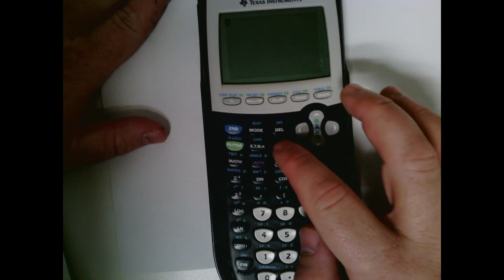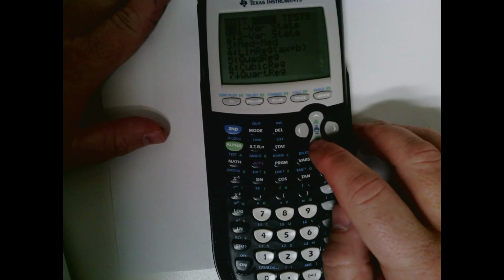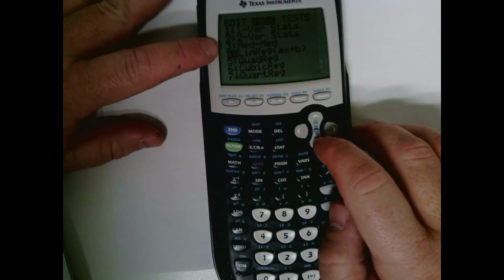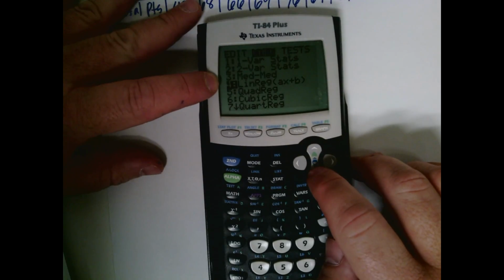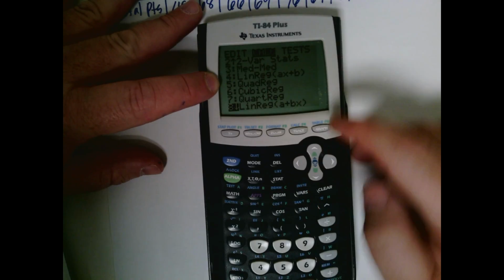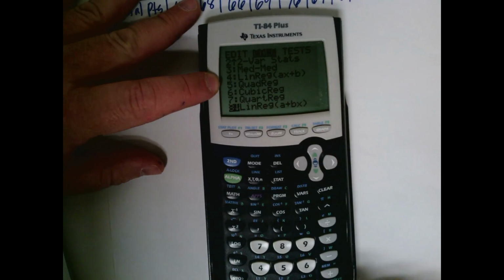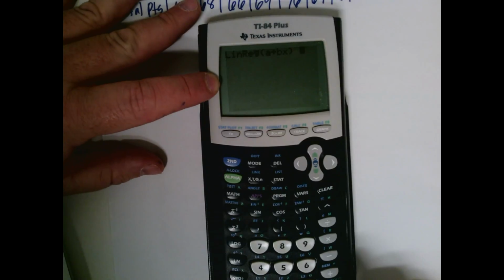We can go to stat, calculate, and now we're going to go to linear regression. Now notice this one says ax plus b, which is backwards of the way we do it in the book. So if you go down a little further, it has the other linear regression with a plus bx, which is the way our book does it. So you pick number 8.